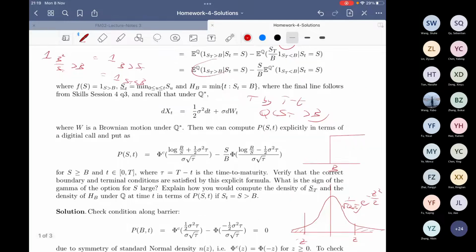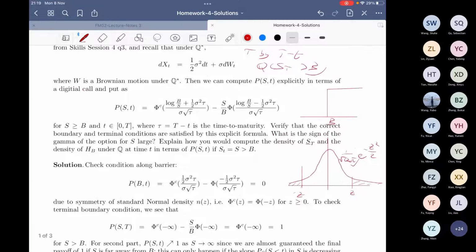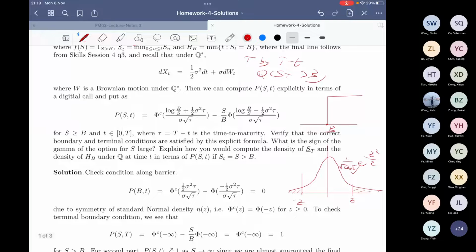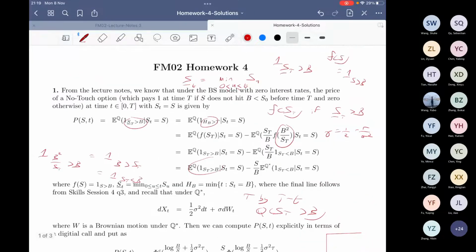In principle, you've got to say what's the value of the option if S is exactly B. I'm going to use the convention that at B the value is 0 and not 1, but it doesn't actually matter because S has a density, so it won't affect the price. But at maturity, the value of the option is 1 if and only if S is greater than or equal to the barrier. So that's the formula we should get when we look at this formula.